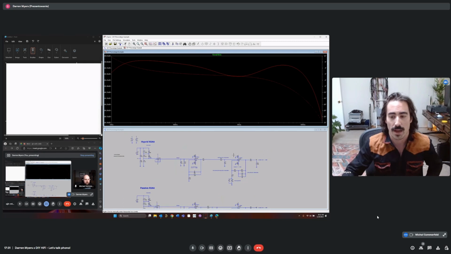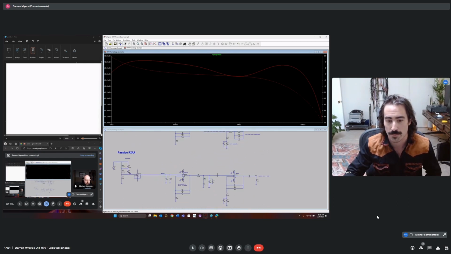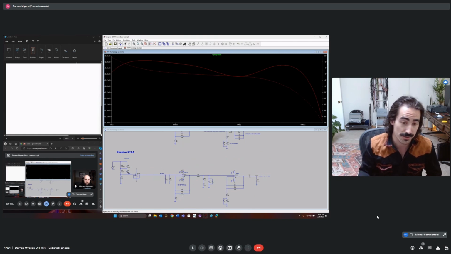So that's that. I'm now going to quickly go over different ways of implementing the filter. We already see that this stage is the same. But now I'm going to show you what's called passive RIAA. It is the oldest form of correcting this curve and applying the EQ.